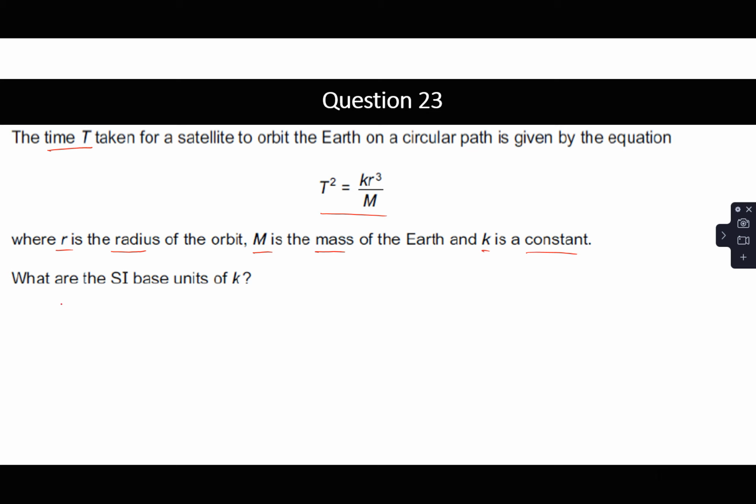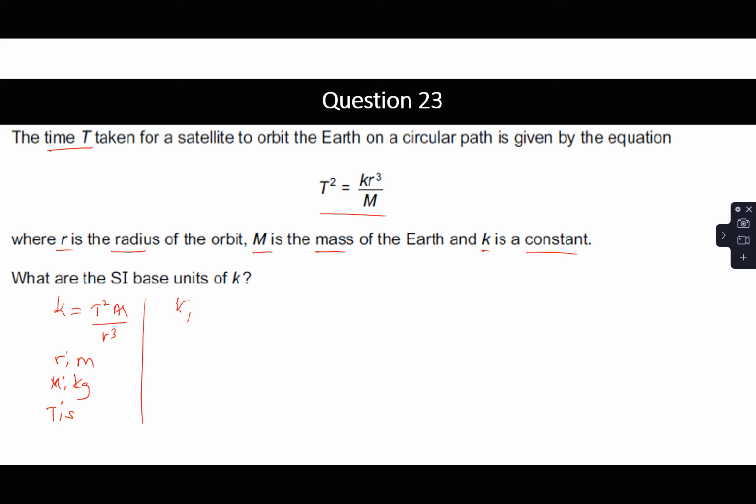Straight away we make K the subject. So K is going to be equal to T squared times M divided by R cubed. R is radius, the base unit of R is meters. M is mass, the base unit is kilograms. T is time, the base unit is seconds. So we substitute.